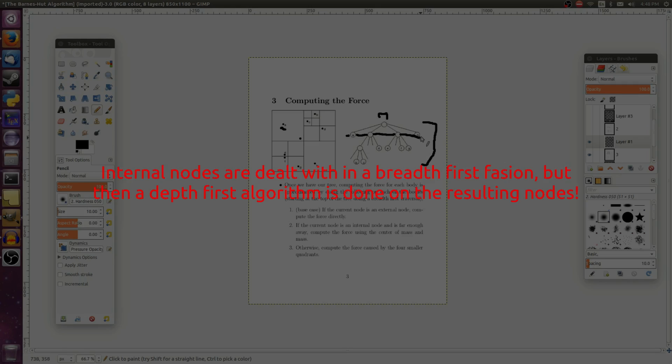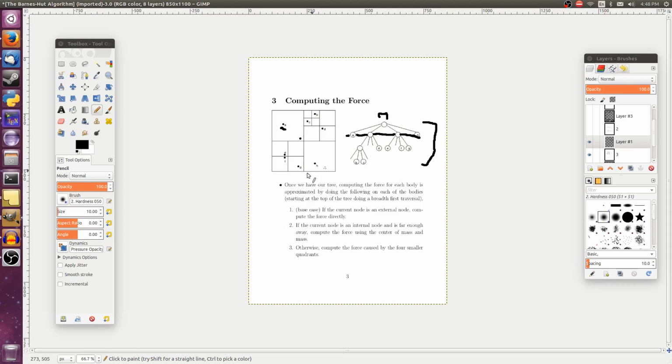And if we see this one, so H is all by its lonesome over here, if the current node is an external node, so in other words it doesn't have any children, then compute the force directly. So we're left with no other option because it doesn't have any children, so we've kind of hit the end of the line. That's why it's going to be our base case. Then we just compute the force directly.